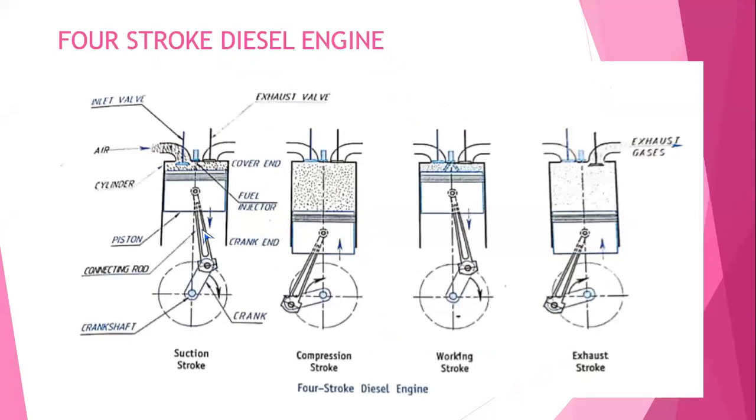All of you observe here. Here you have the 4 strokes of the diesel engine, and remember, you have the inlet valve and exhaust valve in the top position of the cylinder. These valves are present only in the 4-stroke engine. Remember, this is very, very important.